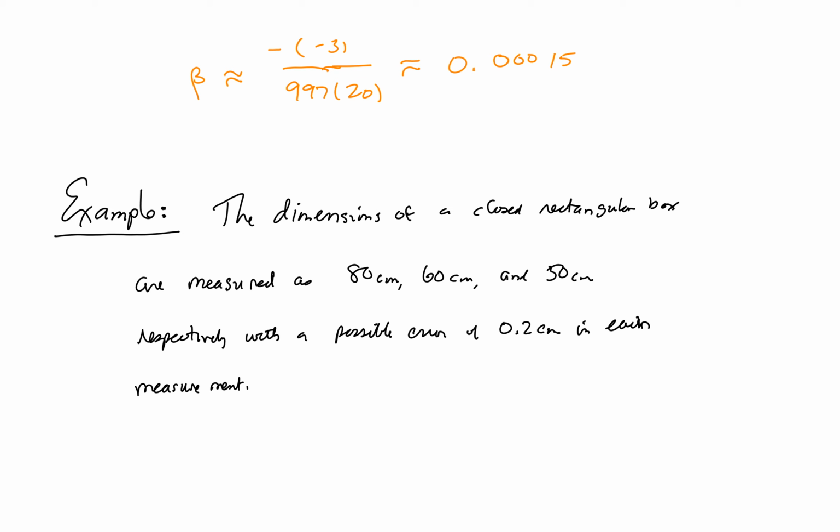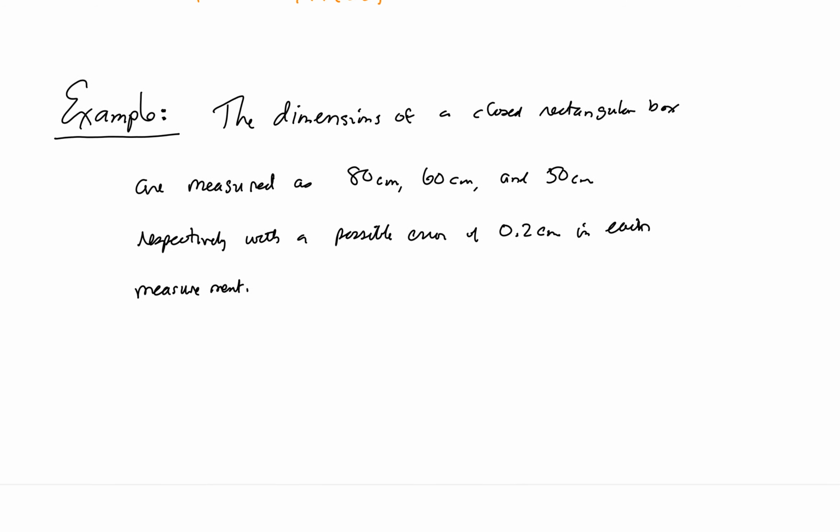Okay, so we have a closed rectangular box. We measure the sides as 80 centimeters, 60 centimeters, and 50 centimeters, and each one of them might have an error of up to 0.2 centimeters. So this should, if you go back and look at how differentials are used with one variable, look familiar. We just have more variables now.